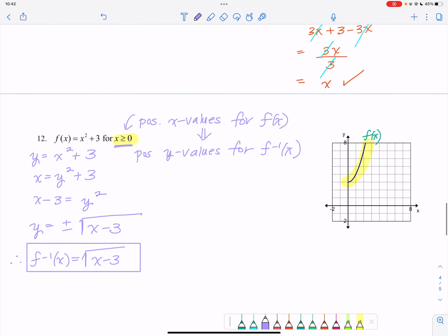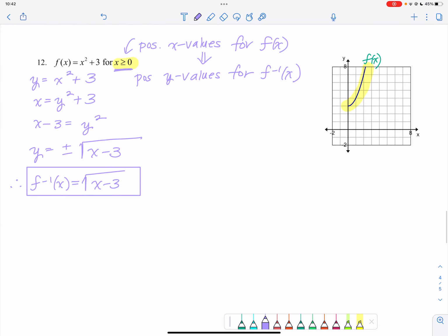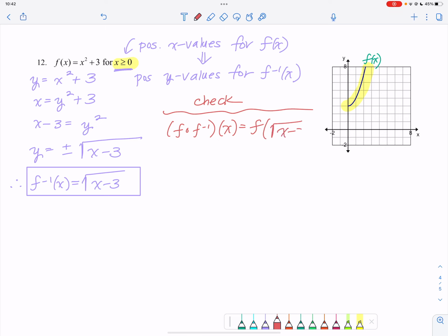Okay? So now let's check this. Let's try f composed with f inverse of x, and that is f of root x minus 3, and that's equal to root x minus 3 squared plus 3.